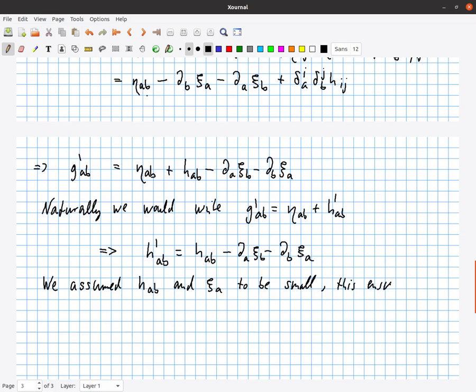This ensures that h prime AB is also small. Which is another reason why we have to be slightly careful with our coordinate transformations. If we make infinitesimal coordinate transformations, then we can guarantee that this infinitesimal coordinate transformation does not spoil our working assumption that we are working within a context where the metric is eta plus a small perturbation.